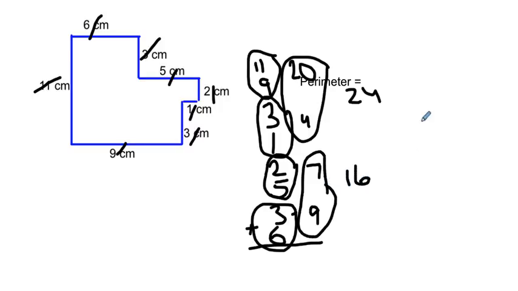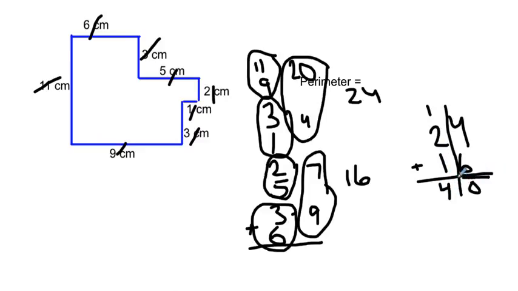So now I'm ready to do 24 plus 16. If I start in the ones, 6 plus 4 is 10. 1 plus 2 is 3, plus another 1 is 4. So the perimeter of this shape is also 40 centimeters, because that's what our sides are measured with.